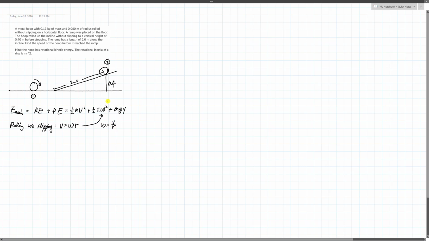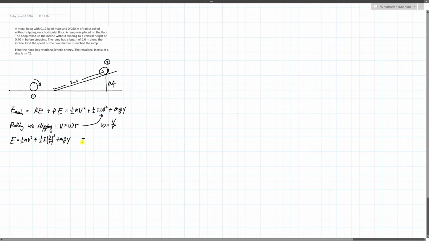Because we were asked the speed of the hoop before it reached the ramp, not the angular speed. Okay. So our mechanical energy now becomes 1/2 mv squared plus 1/2 I (v over r) squared plus mgy.